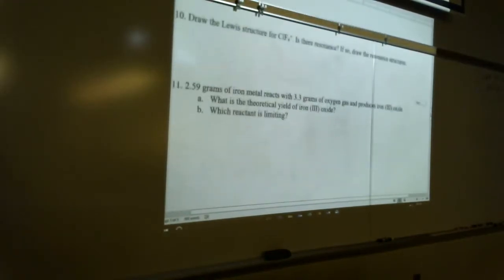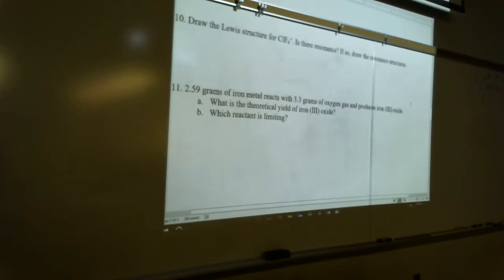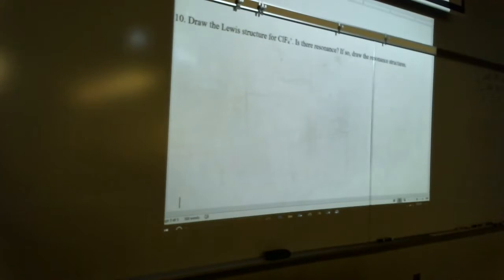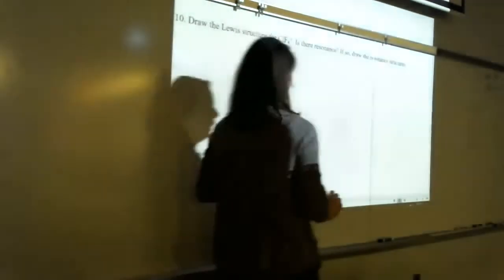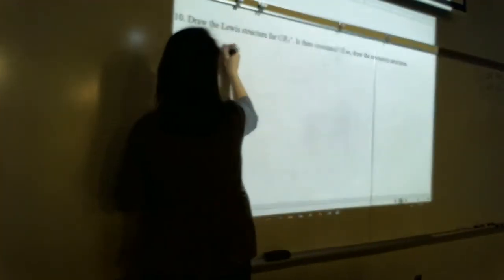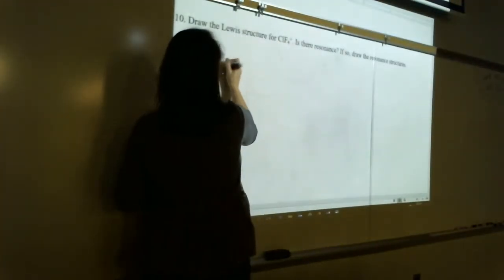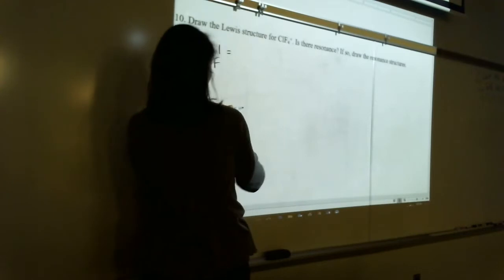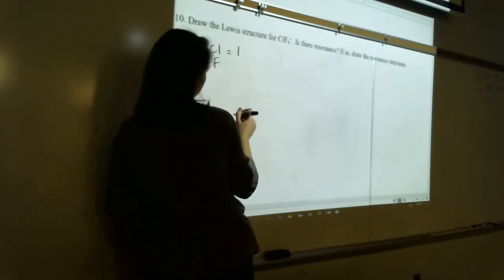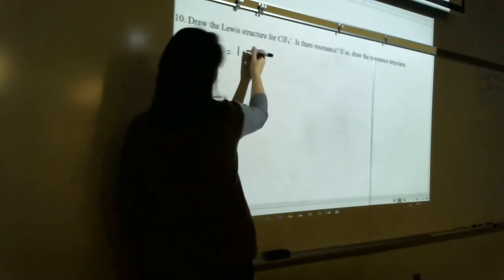All right, let's do some Lewis structures. ClF4 plus. So first we have to calculate number of valence electrons. How many valence electrons does each chlorine have? 7.